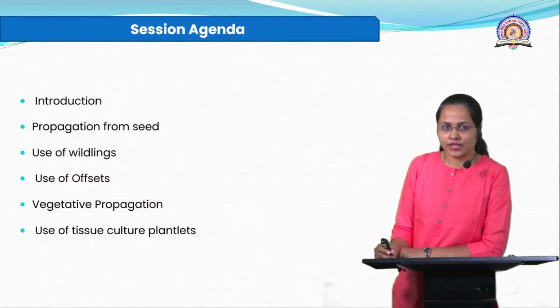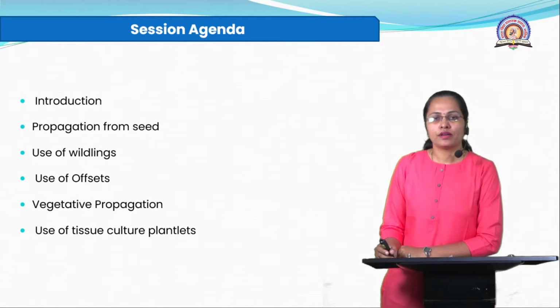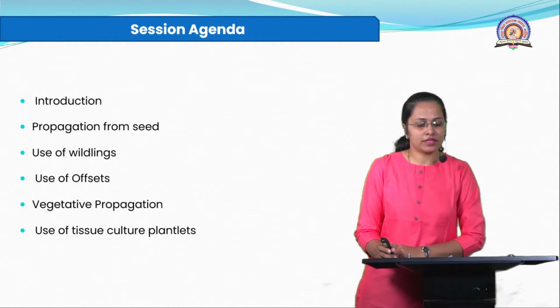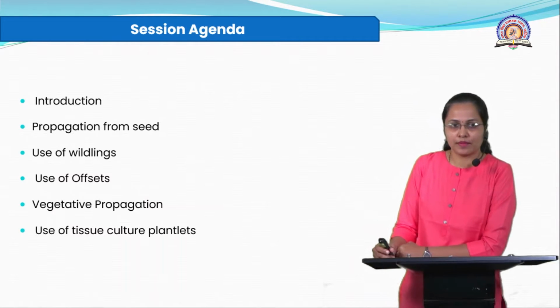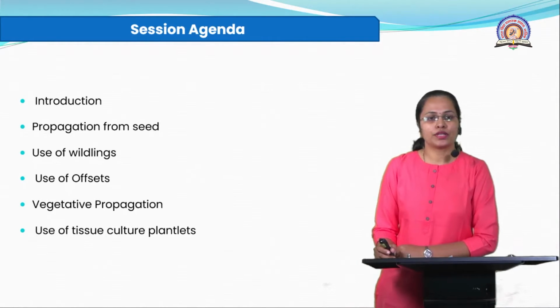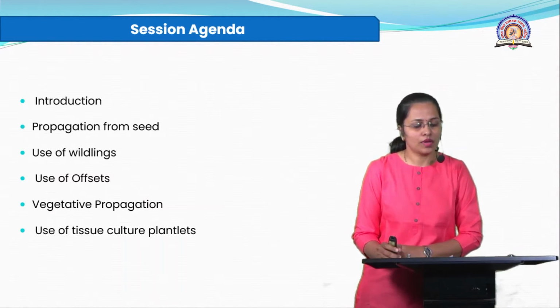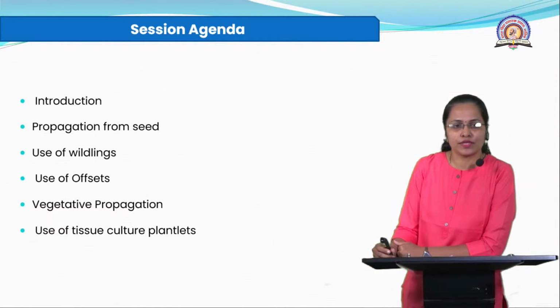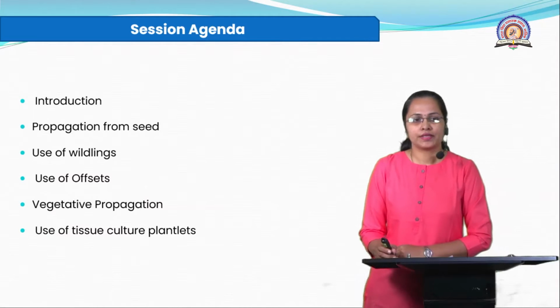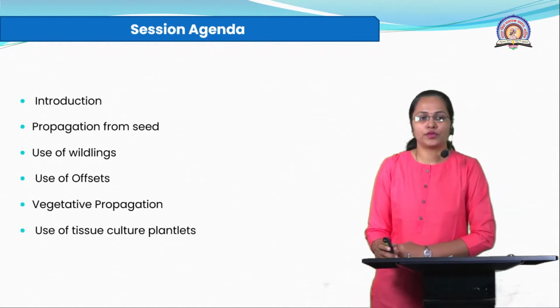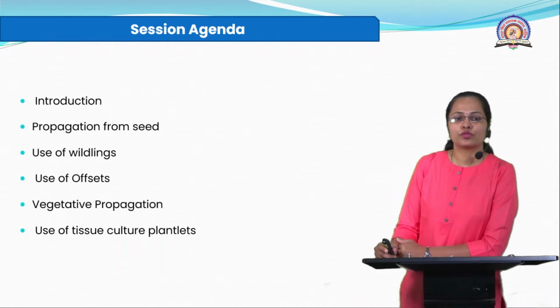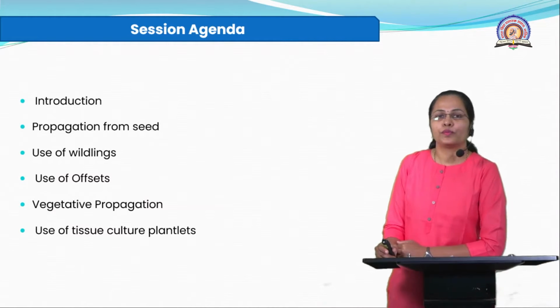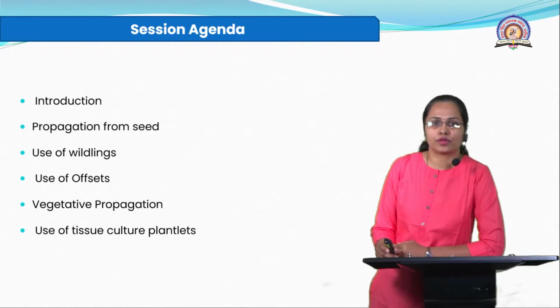The agenda of today's session is an introduction to different methods of selection and raising of plant material. Then propagation: there are different methods like propagation from seed, use of seedlings, use of offsets, vegetative propagation, and use of tissue culture in order to produce plantlets for the production of bamboo.